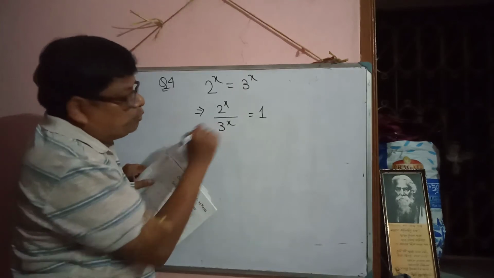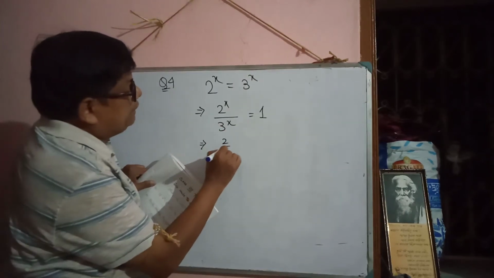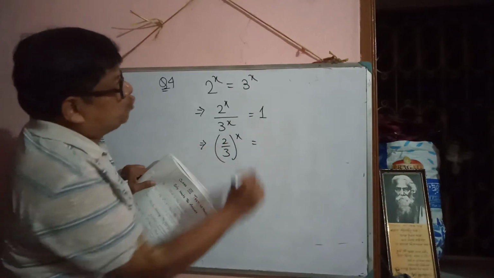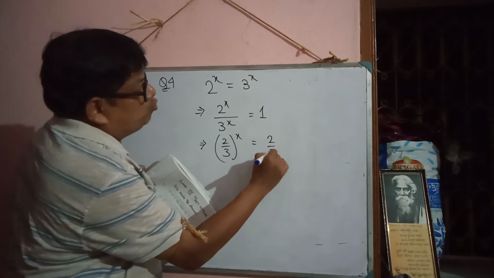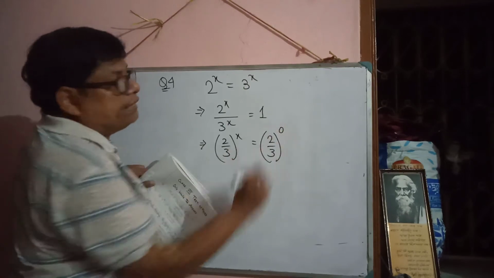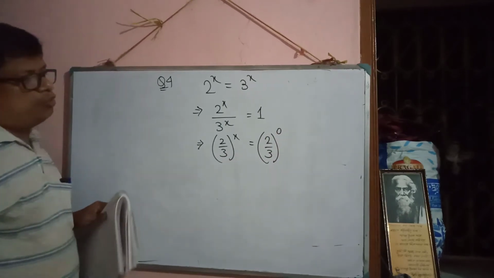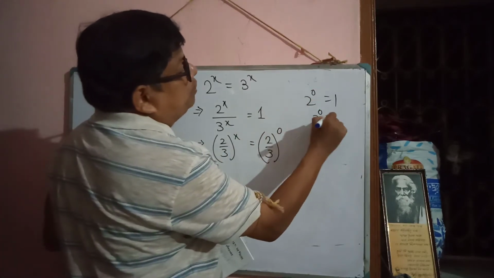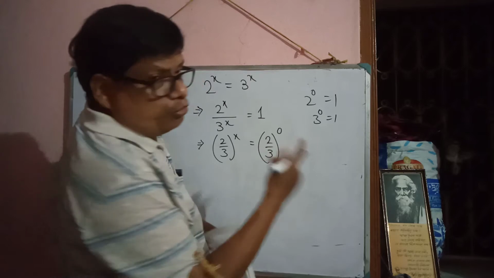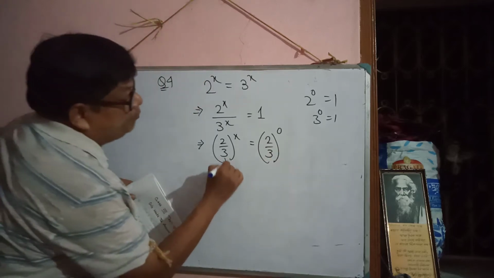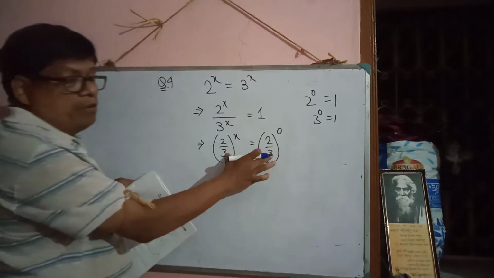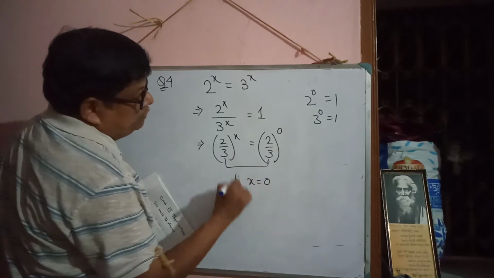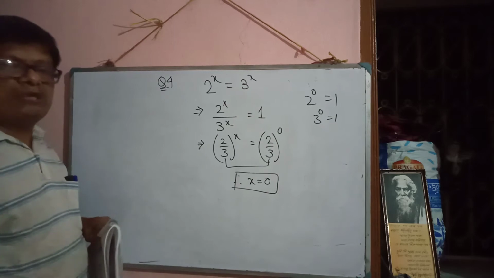Now you can write 2 by 3 whole to the power x, and 1 is the same as 2 by 3 whole to the power 0. See, 2 to the power 0 is 1, 3 to the power 0 is also 1. So you can write 2 by 3 whole to the power 0. See, here the bases are equal, so the powers are equal, so you can write x equal to 0. This is the answer. Okay?